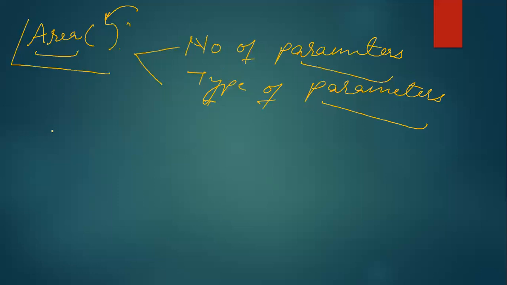The last principle is data abstraction. So in data abstraction, what happens exactly? In case of data abstraction, we just provide the essential details to the user. For this, we write abstract methods in Java programs.